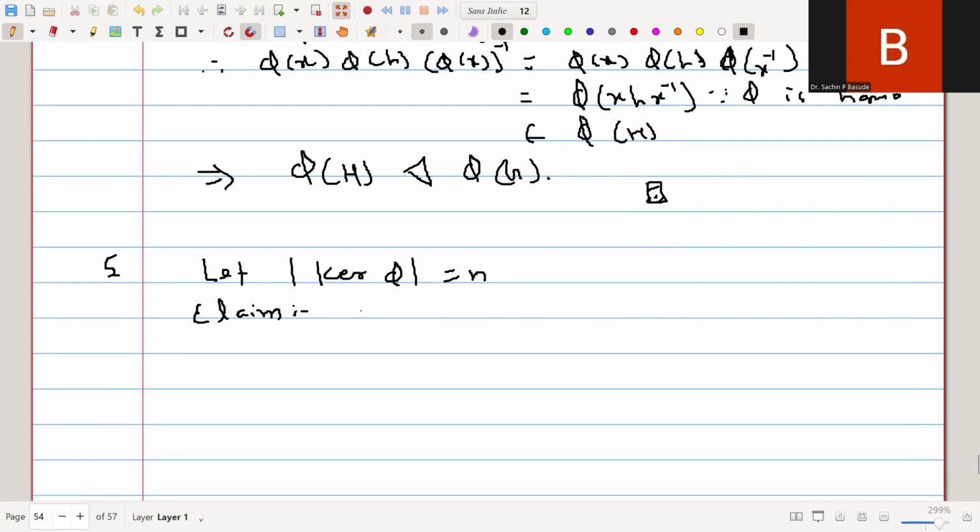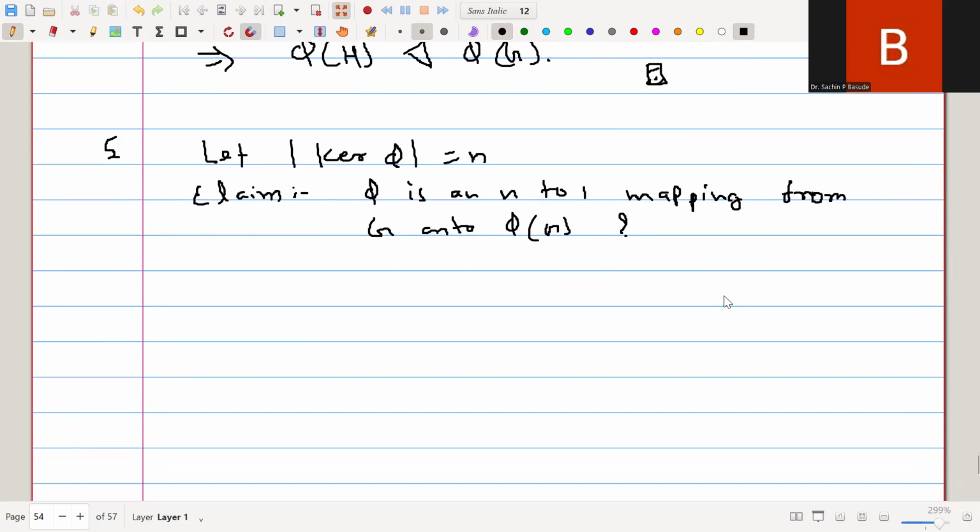Claim: phi is an n to 1 mapping from G onto phi of G. This is the claim.